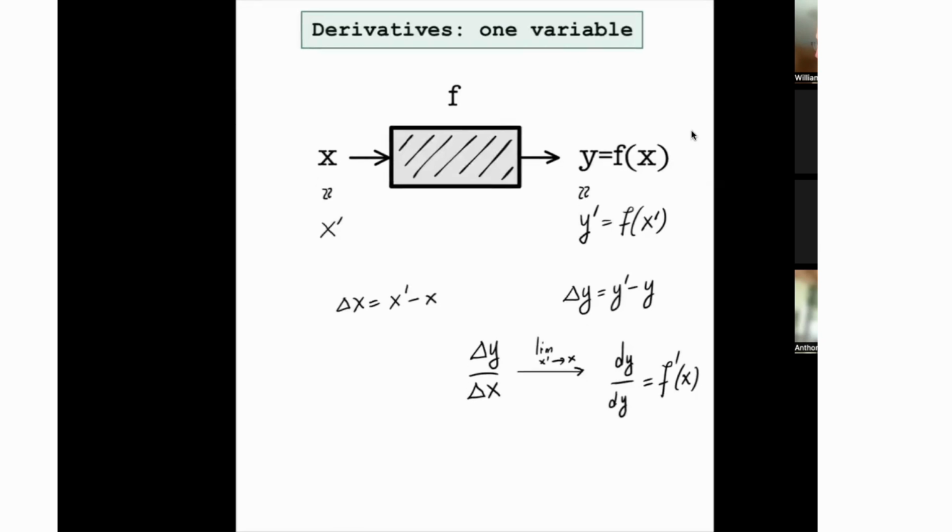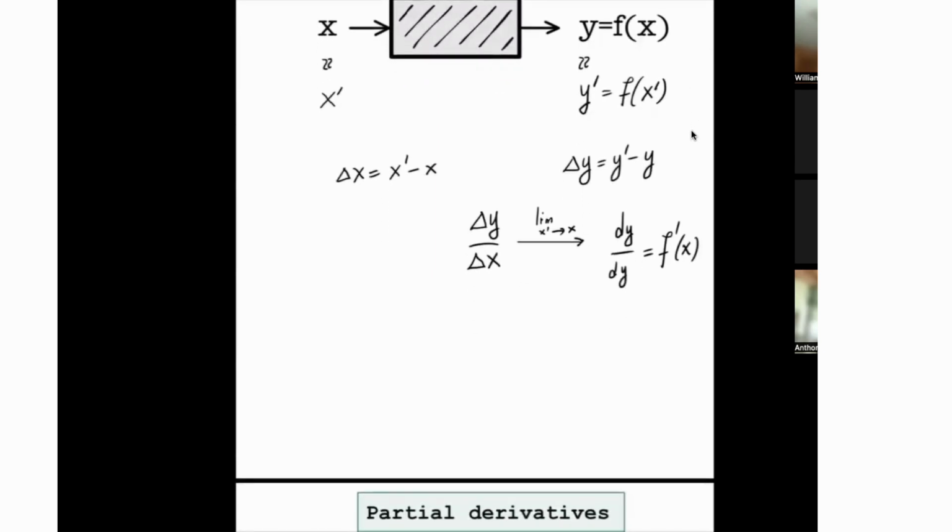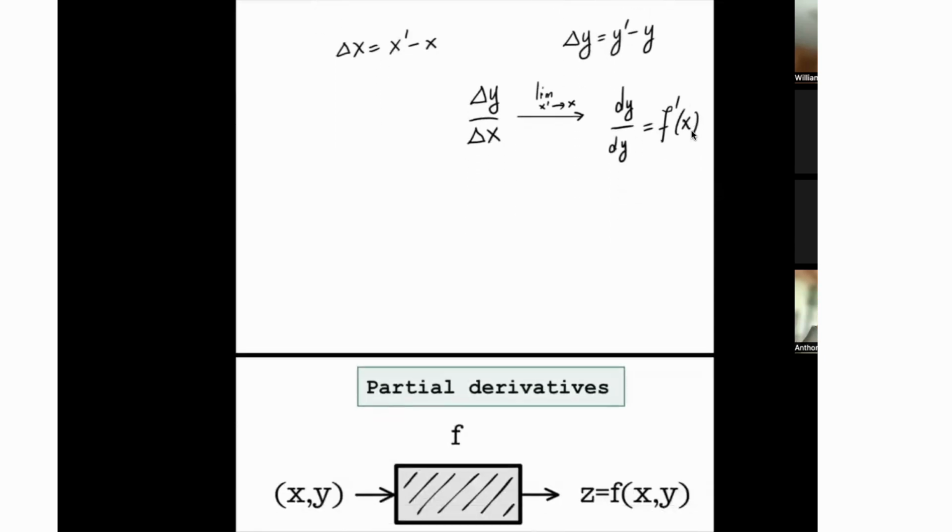So that's basically what a derivative is telling you. Like you guys know from Calc 1, the derivative is a powerful tool. It's reasonably easy to compute for a lot of functions that we're familiar with, and it provides a lot of information.